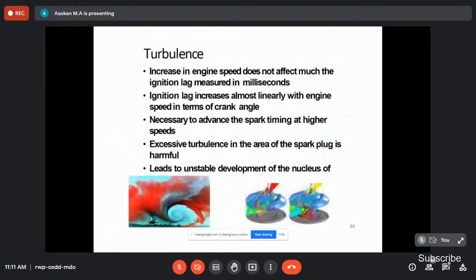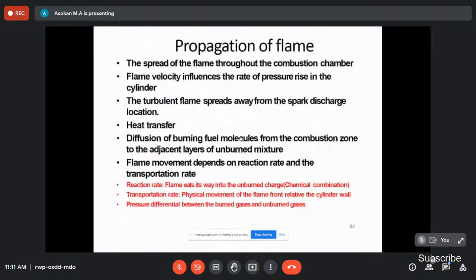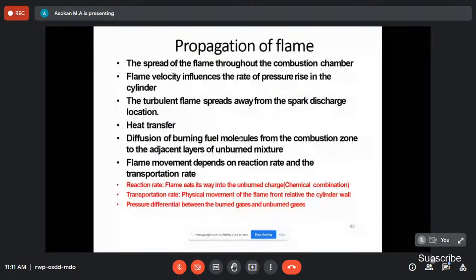And turbulence also increases the propagation and decreases the ignition lag time. If there is more turbulence, then more mixing takes place. Right? Then the ignition lag time decreases. And the propagation of the flame, the velocity of the flame, increases, and the pressure increases.